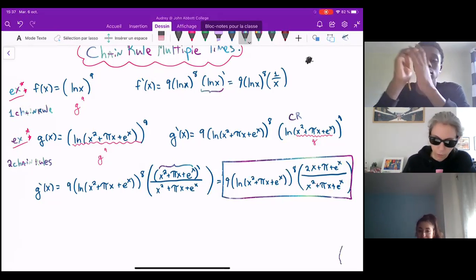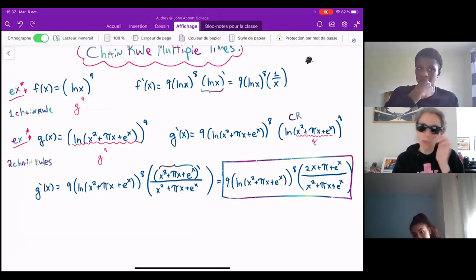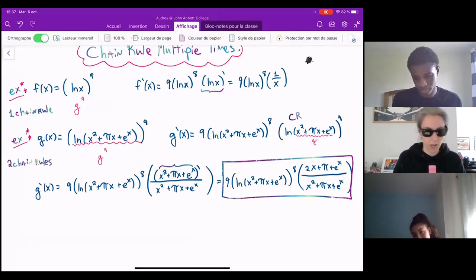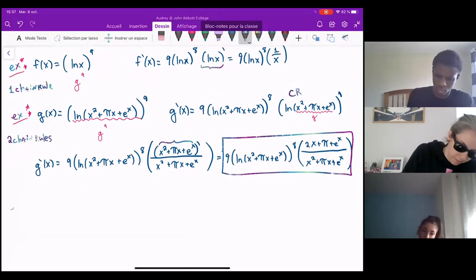So we're going to do one more here that has 3 chain rules, and that looks really similar. And then we're going to look at a problem that looks totally different just to kind of make sure that we really understand how this process generalizes.